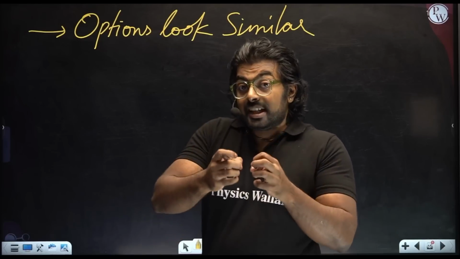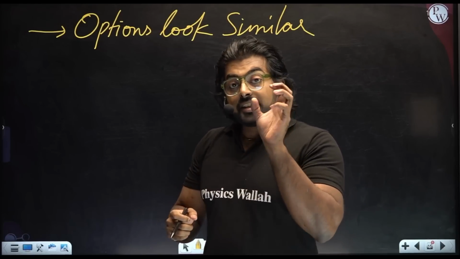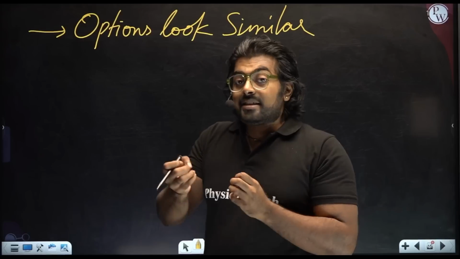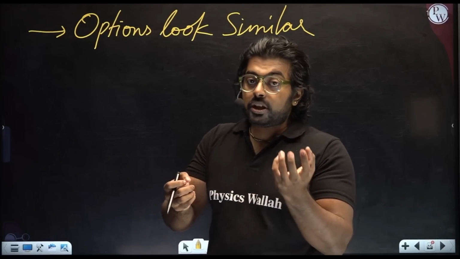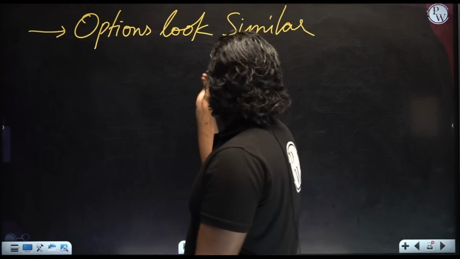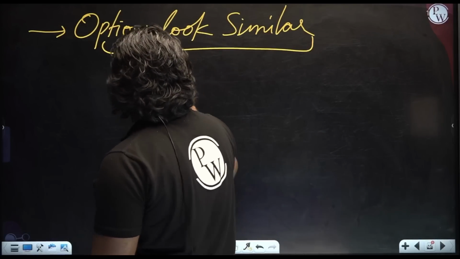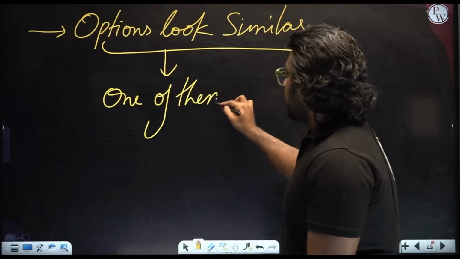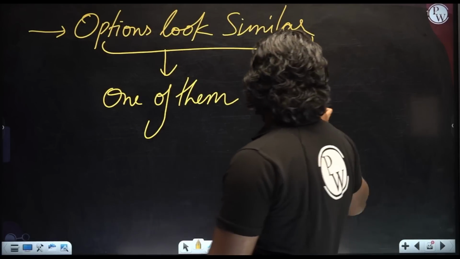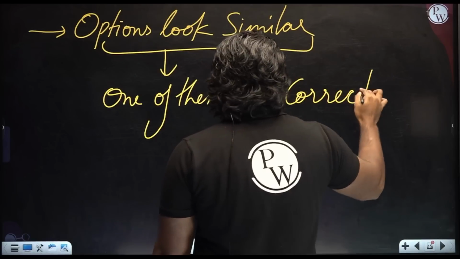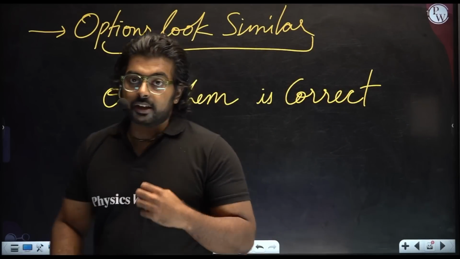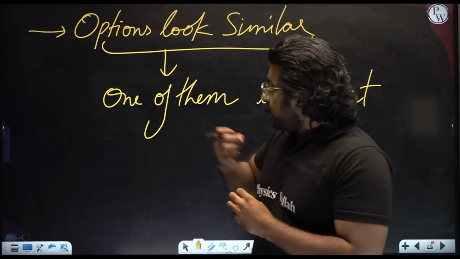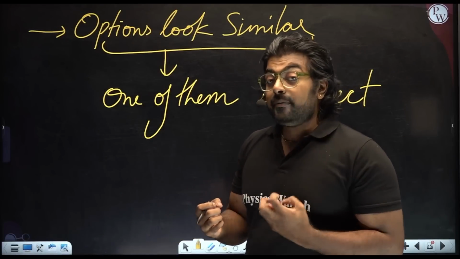But we'll use this to our advantage, and we'll say that these options which are confusing have the answer in them. So one of the confusing options is your answer. One of them is the correct option. So that is the next trick that you can use, so that again you can maximize the efficiency as well as reduce the time taken to solve it.